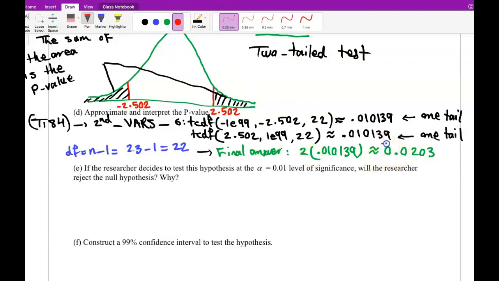So this is the final answer for the p-value. Okay, I'll write that. This is p.